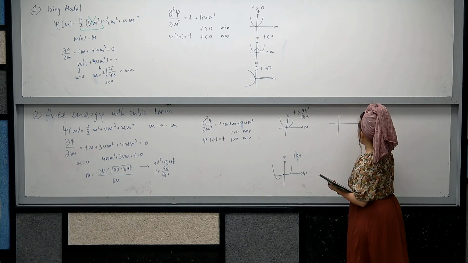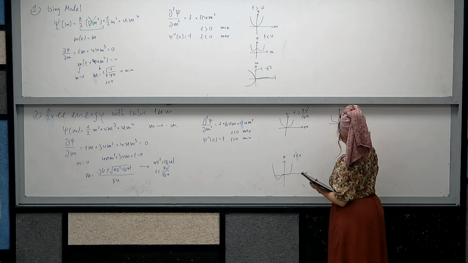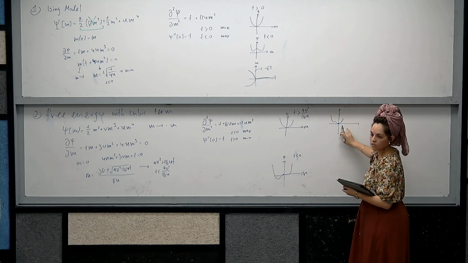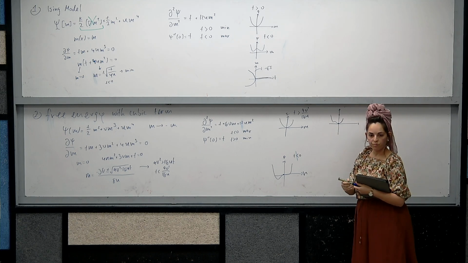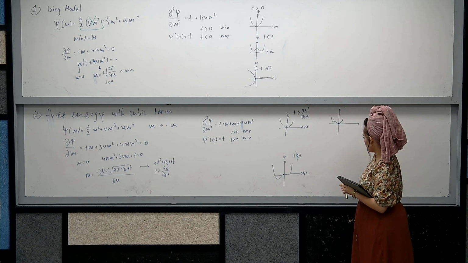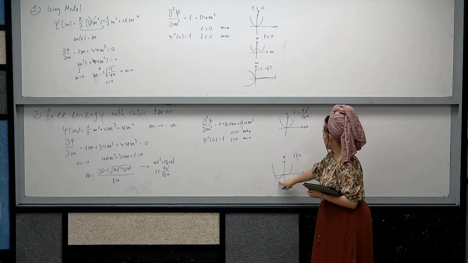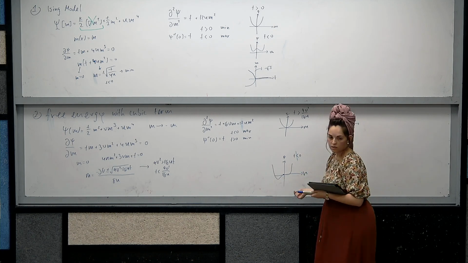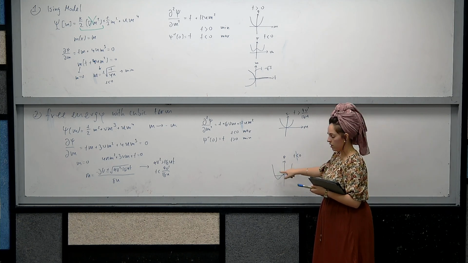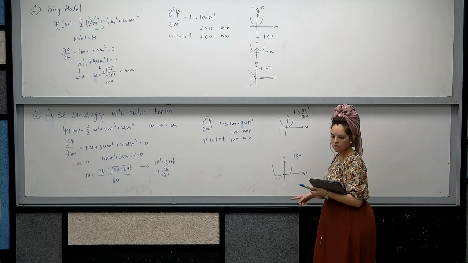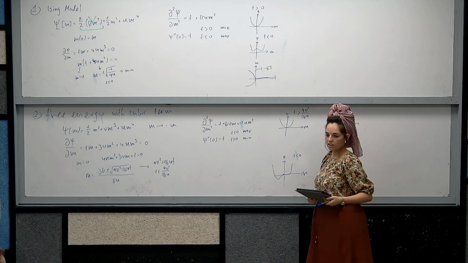It would look something like that. So at t equals 0, this solution just appears somewhere that is not m equals 0, and this is what causes the first order phase transition. Okay.